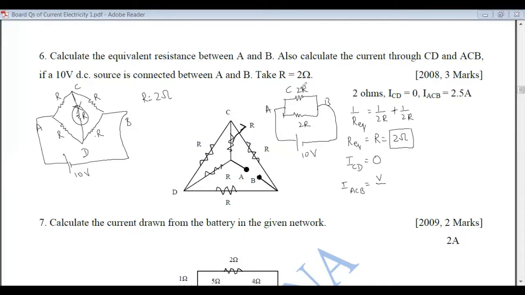Here the equivalent resistance across ACB is 2R. So V upon 2R, and V here is given as 10 volts, and 2 into R is 2 ohms. So 10 upon 4, that is 2.5 amperes. Hence the current through the ACB arm is 2.5 amperes and no current flows through the CD arm.